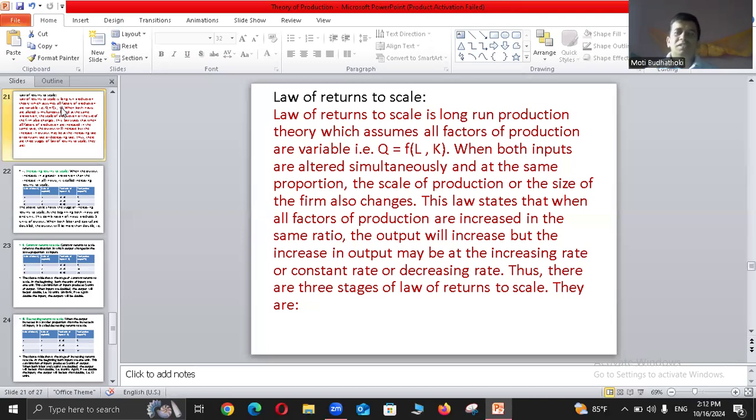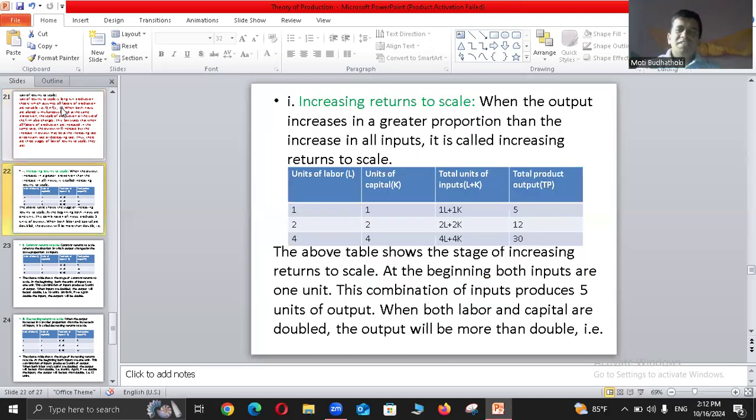Now we use these variable factors of production to take out output. If we use all the variable factors as an input, what will be the output? We discuss about that. In increasing returns to scale, when the output increases in greater proportion than the increase in all inputs, it is called increasing returns to scale.